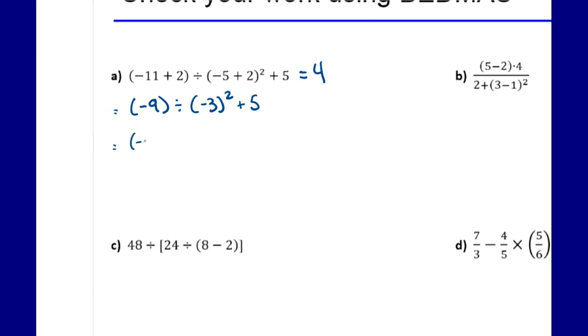I have -9 divided by, then we have 3 squared, so 9, plus 5. Then do my division. -9 divided by 9 is -1, plus 5 is 4. So I get the same answer going through it by hand as I did with my calculator.